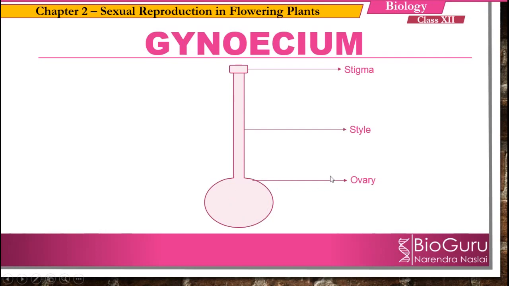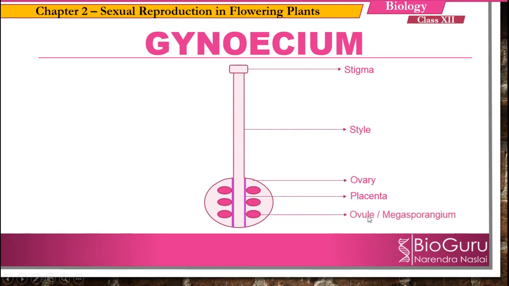Inside the ovary you will see a special type of tissue called placenta, which is a nutritive tissue for certain structures present in the ovary. What are those structures? They are ovules, also called megasporangium. These structures are found inside the ovary. There is a space inside the ovary called the locule.